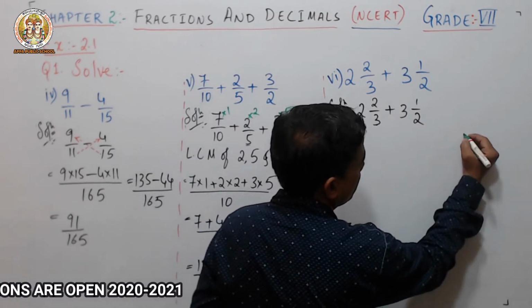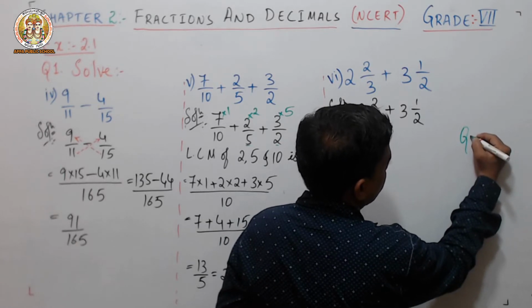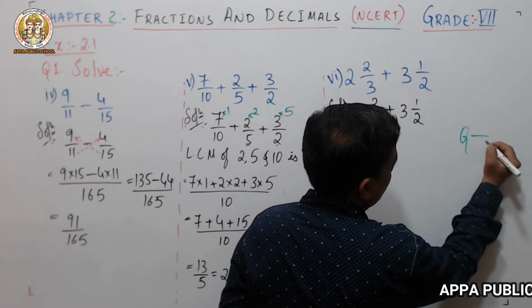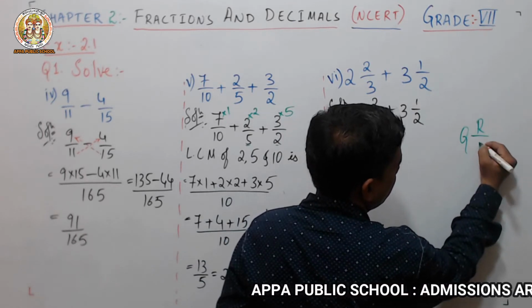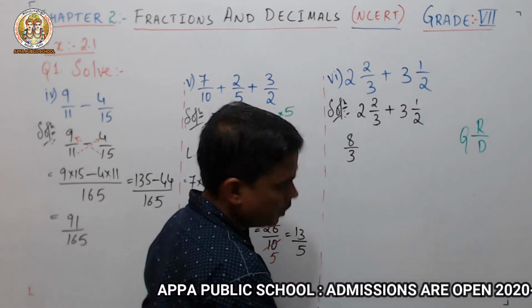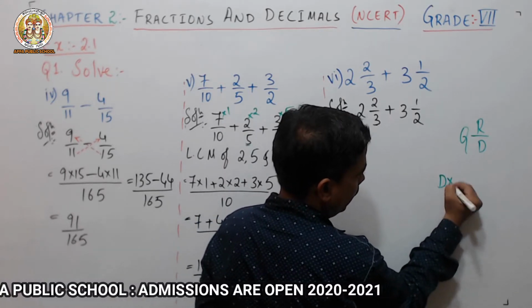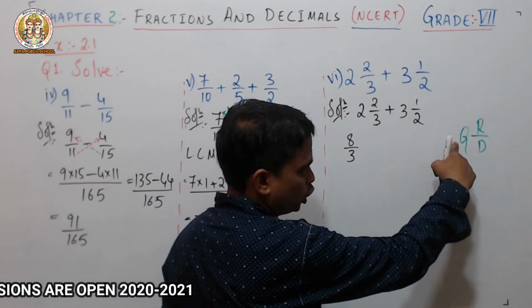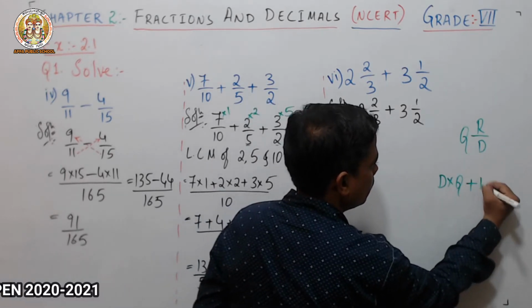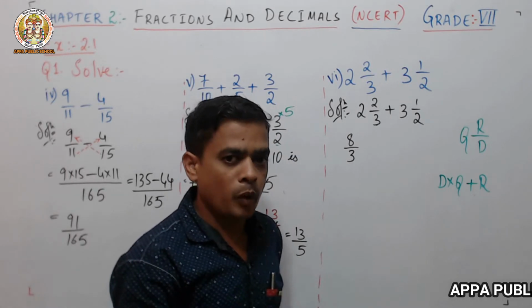I have written here quotient, remainder, and this will be the divisor. So how will you do it? You have to multiply divisor into quotient plus the remainder. You have to convert the mixed fraction into improper fraction in this way.